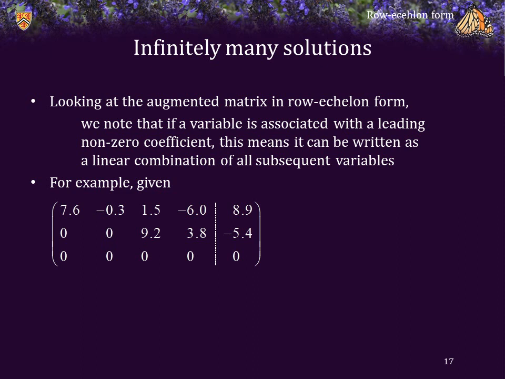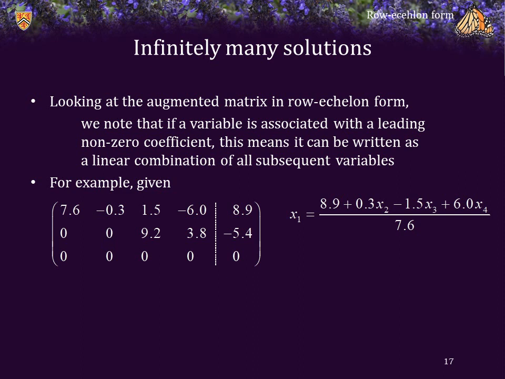It is in row echelon form. There are two leading non-zero entries, one in column 1, another in column 3. Now, what that first leading non-zero coefficient says is that I can find x1 by subtracting off all other values from 8.9 and then dividing both sides by 7.6.